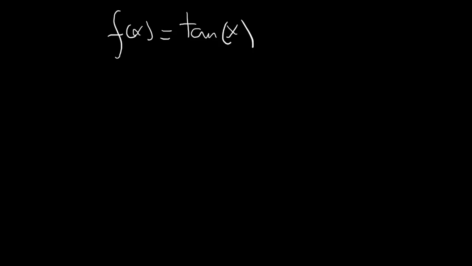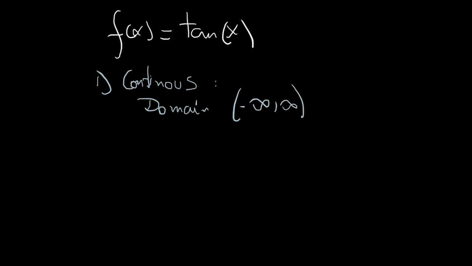Same thing, it's a continuous function, and I would say the domain is all the numbers from negative infinity to positive infinity, but take away the numbers in the form of pi over 2 plus k pi, meaning pi over 2, 3 pi over 2, 5 pi over 2, 7 pi over 2, and so forth. The period of this function is pi.